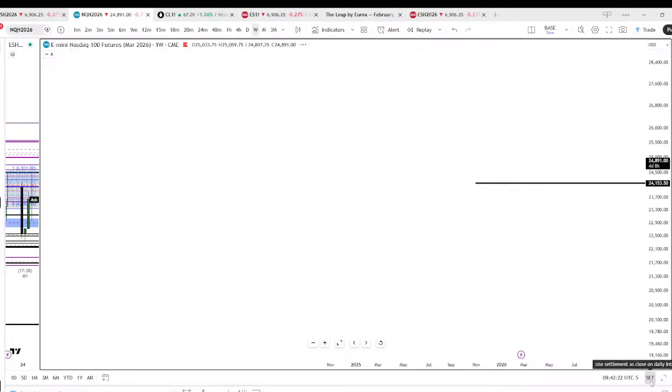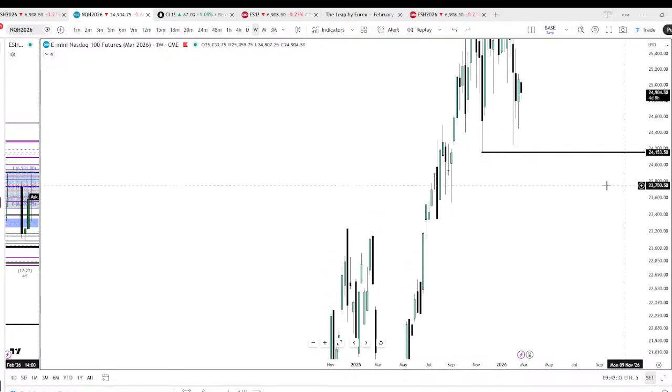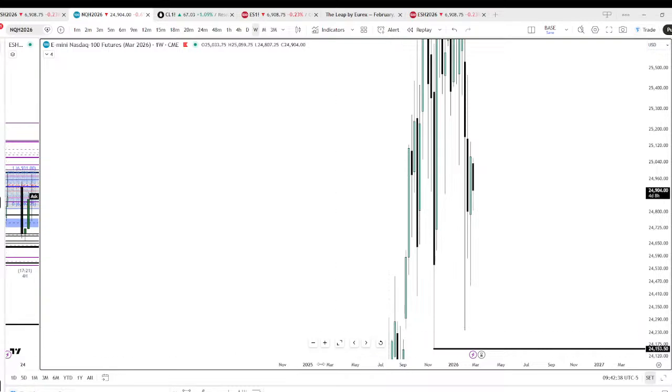So what I'm doing here is I'm toggling between the settings, using settlement as close on the daily, to kind of see what makes these gaps a lot larger. So for one thing, we can see we have this volume imbalance.